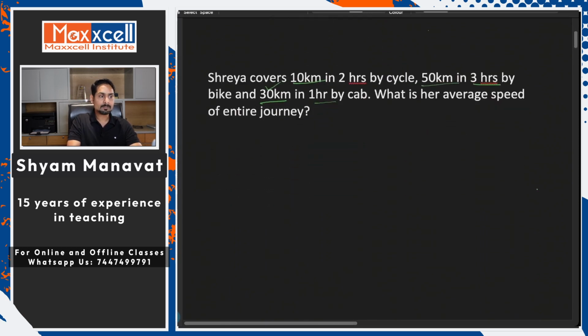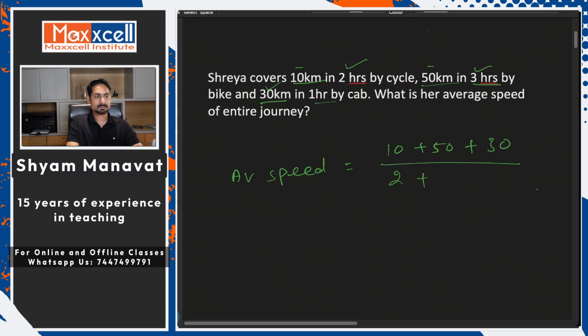Okay, so here how will you find the average speed? Average speed here will be total distance. What is total distance? 10 kilometers, 50 kilometers and 30 kilometers, right? And total time taken: here it is 2 hours, here it is 3 hours, and here you have 1 hour.